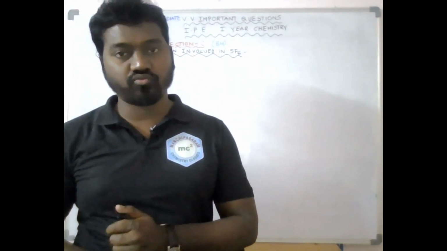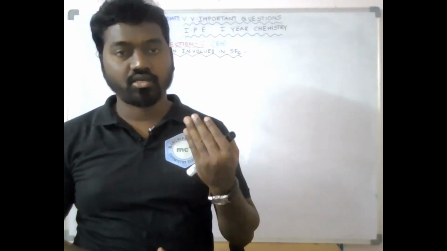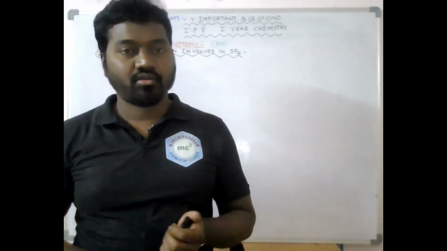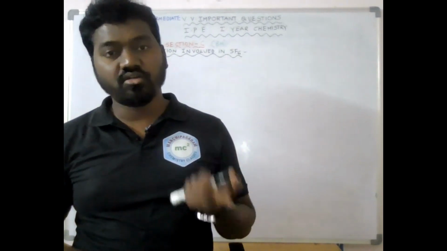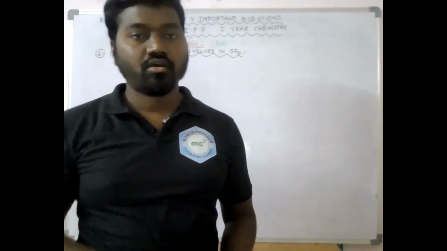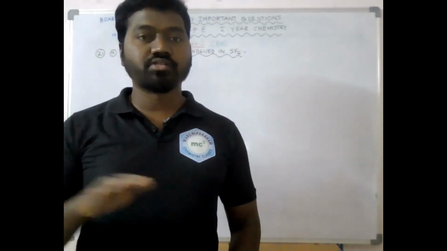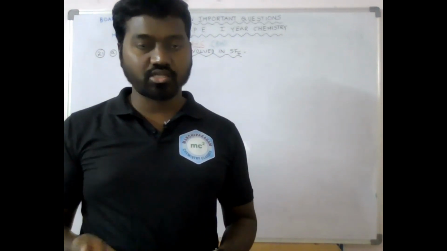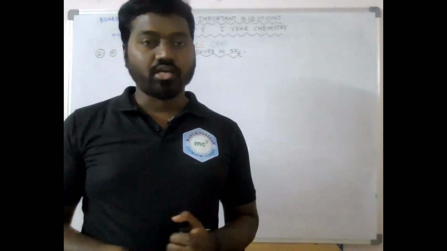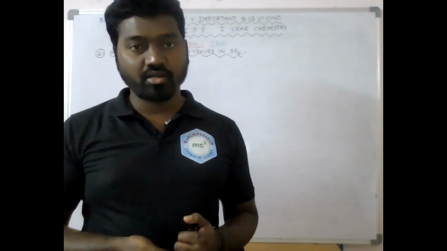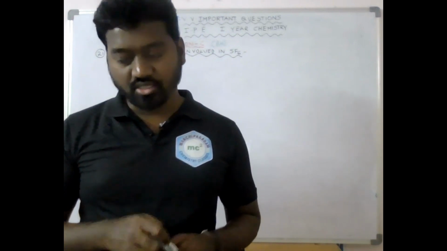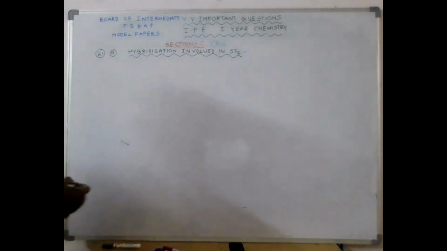If 3 are there, sp2; 4 are there, sp3; 5 are there, sp3d; 6 are there means sp3d2. And the structures should also be remembered: sp is linear, sp2 is trigonal planar, sp3 is tetrahedral, sp3d is trigonal bipyramidal, sp3d2 is octahedral. So based on the electronic configuration only, we can find this out.